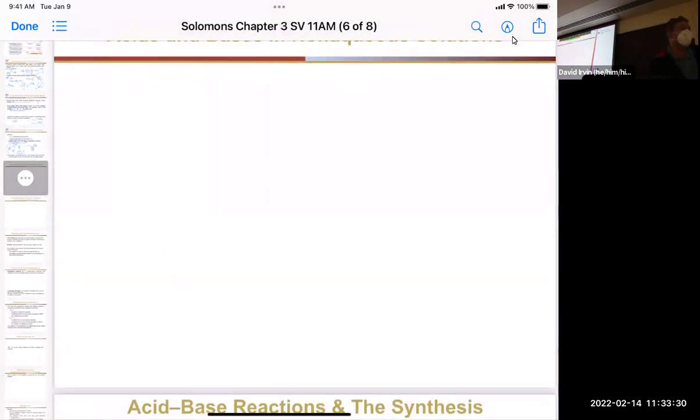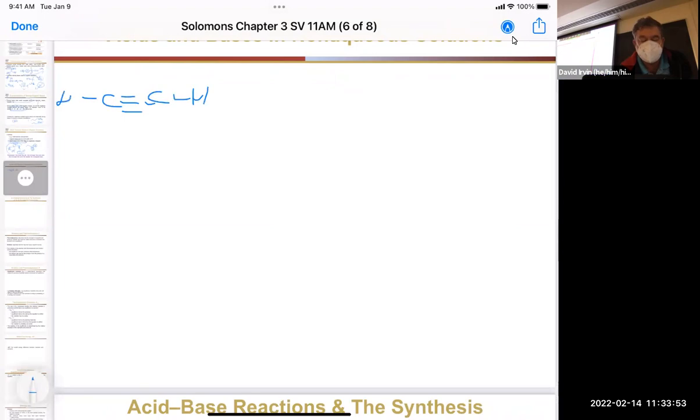So what do we want to know about our carbanions, our strong carbon bases, and the solvents we can use them in? Okay, so let's do an equation here. Let's start with acetylene and put an acidic hydrogen on it. And we saw from our pKa chart that the pKa of this is 25.